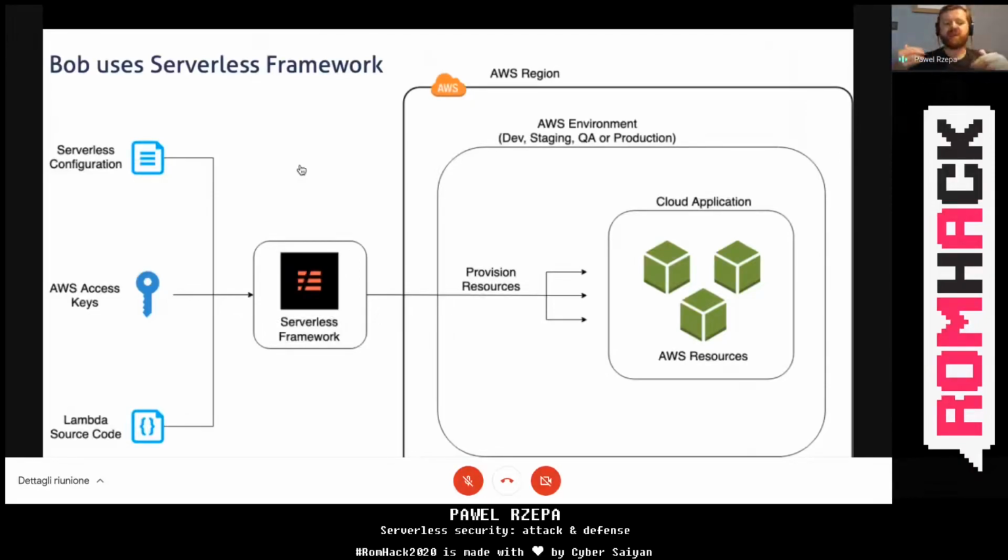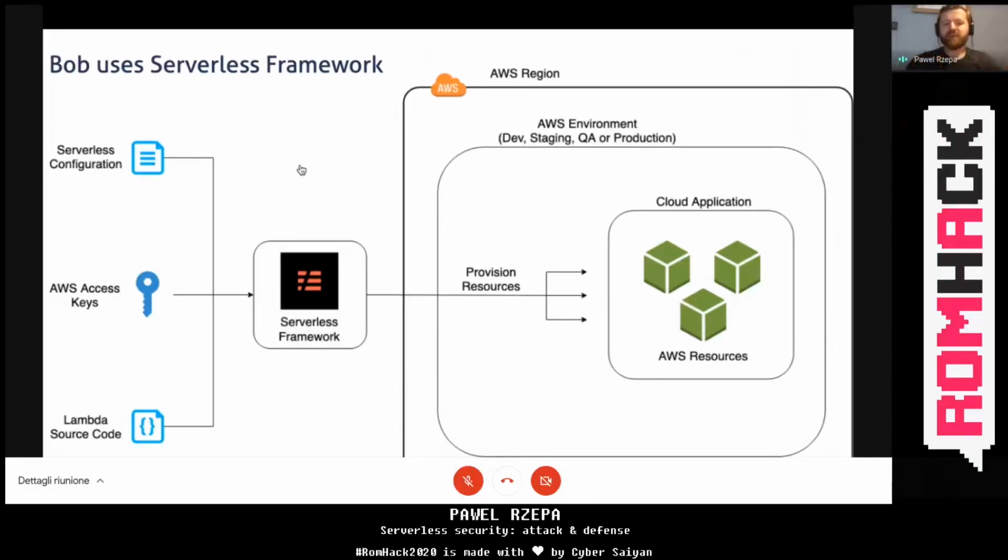Just imagine that you are writing the code of your functions locally on your computer, and then in an easy YAML format, you are defining all the resources required by your serverless application. So, for example, that a new S3 bucket will be created, or a role will be created for this serverless application.